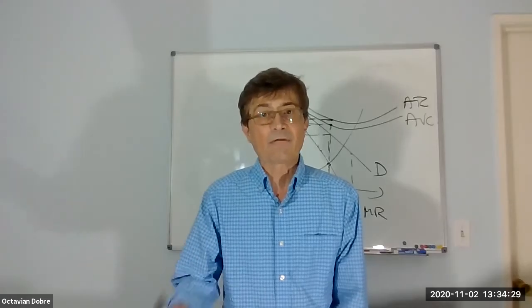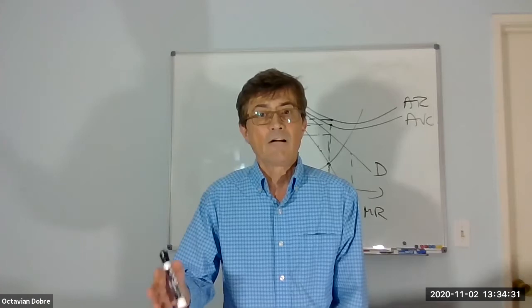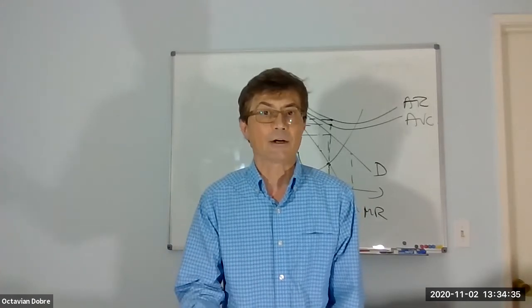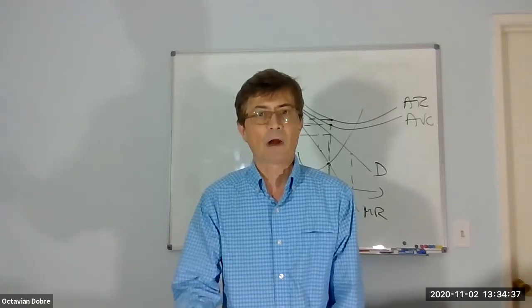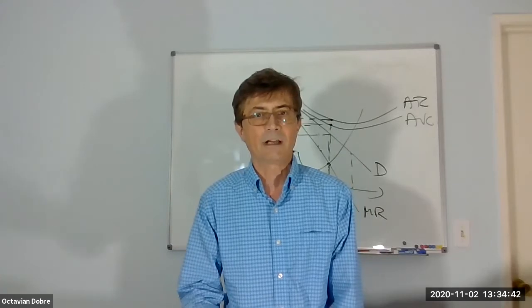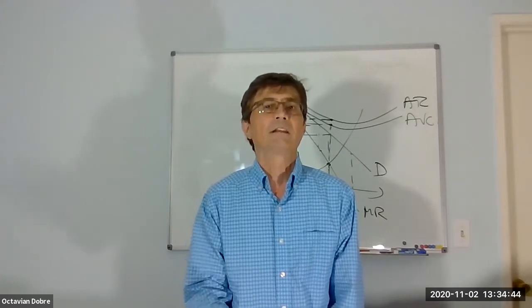Remember that in perfect competition, the firm has no impact on the price. They're a price taker. They don't set their own price. The price is set by the industry, by the supply and demand of that industry. And the firm takes that price.